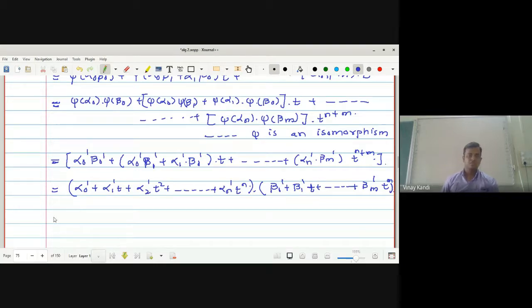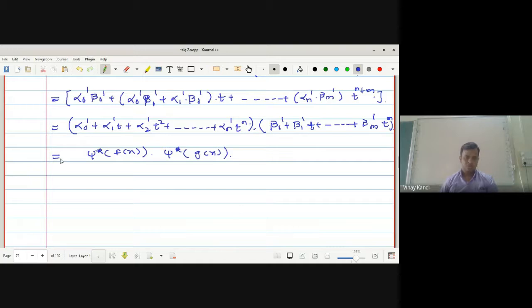Separate it. So this is equal to psi star of f of x, into this one is psi star of g of x. So this implies psi star of f of x into g of x is equal to psi star of f of x into psi star of g of x.